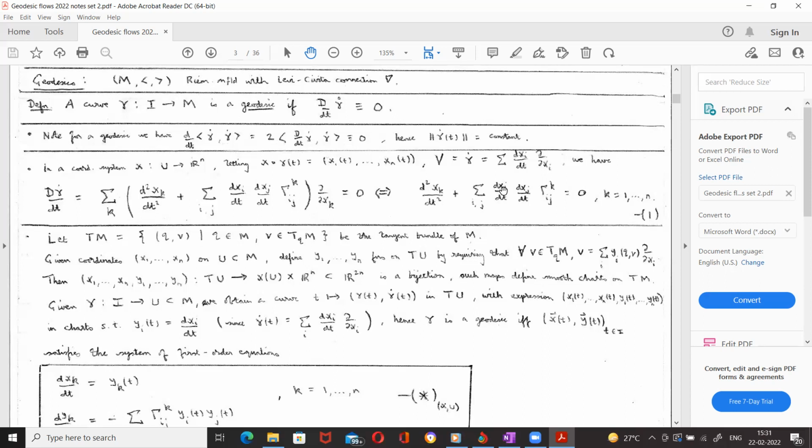So it's not clear that solutions exist for all time. Nonlinear equations, you have to be a bit careful; solutions may not exist for all time, unlike linear equations. Parallel transport gives you a linear equation, but the geodesic equation gives you a second order nonlinear system of equations. Is this clear?